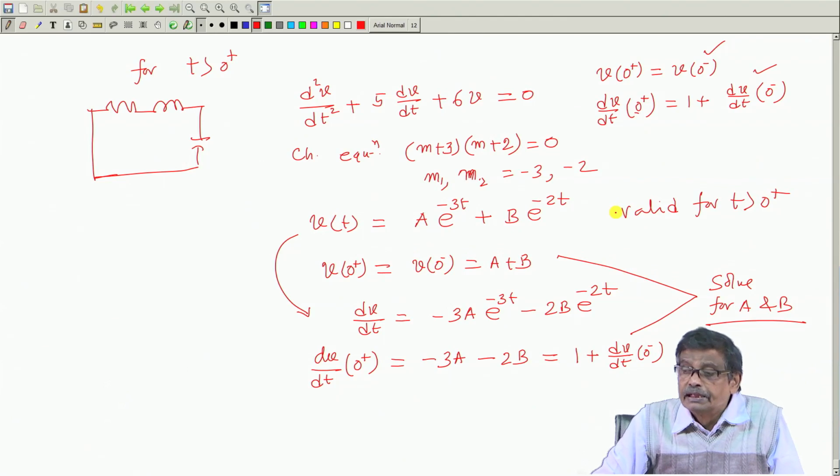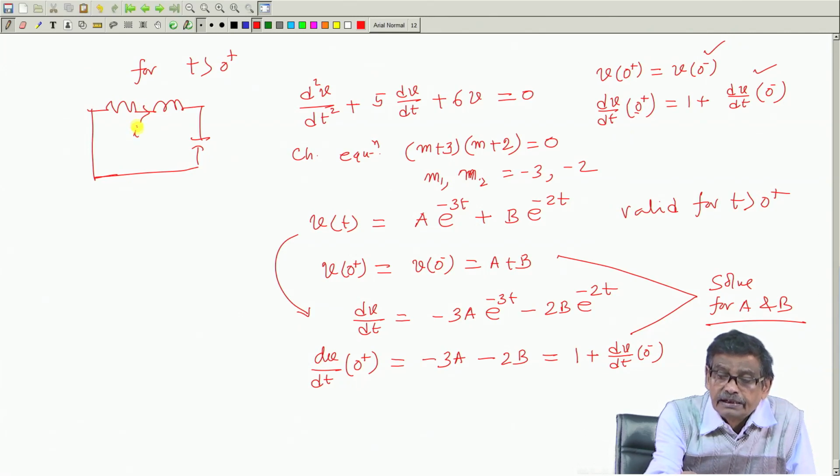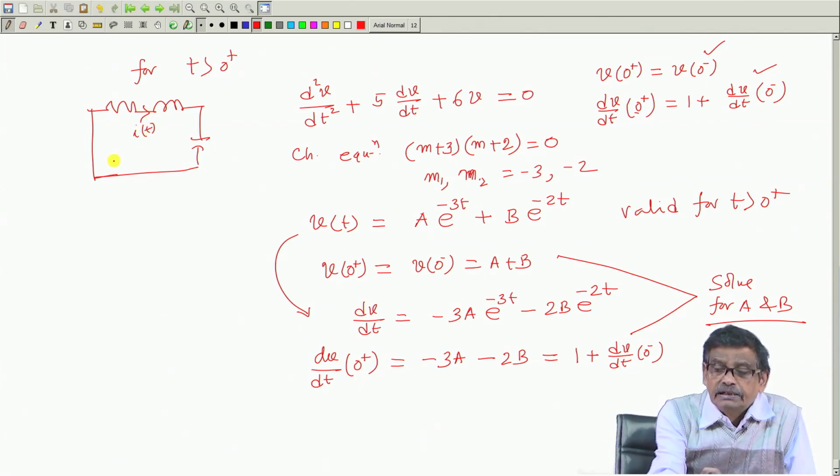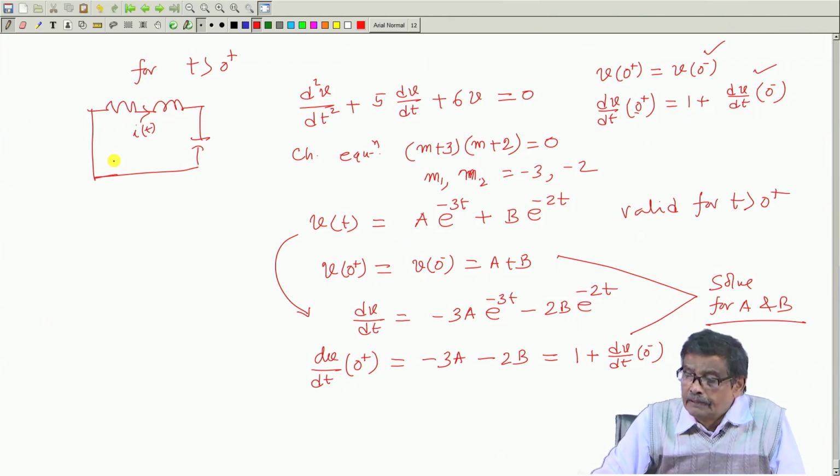But anyway, even if an impulse function is there, I have now told you how to carry on the calculations to get the response current i(t) if it is excited by an impulse.